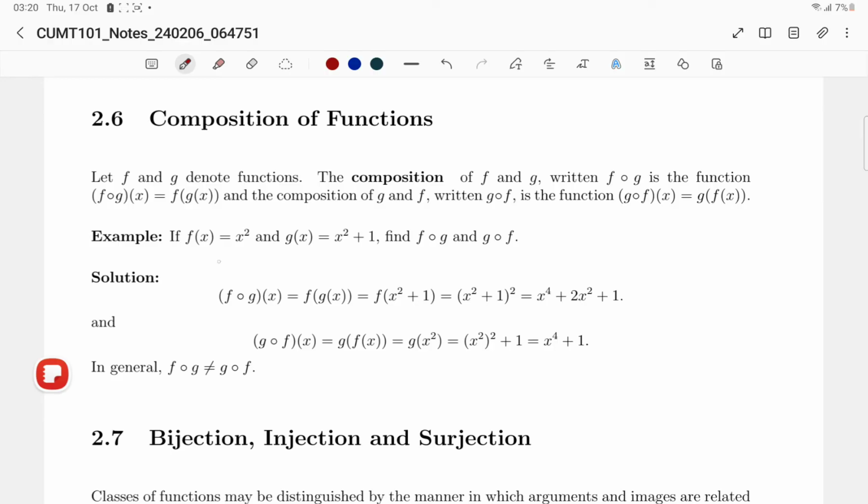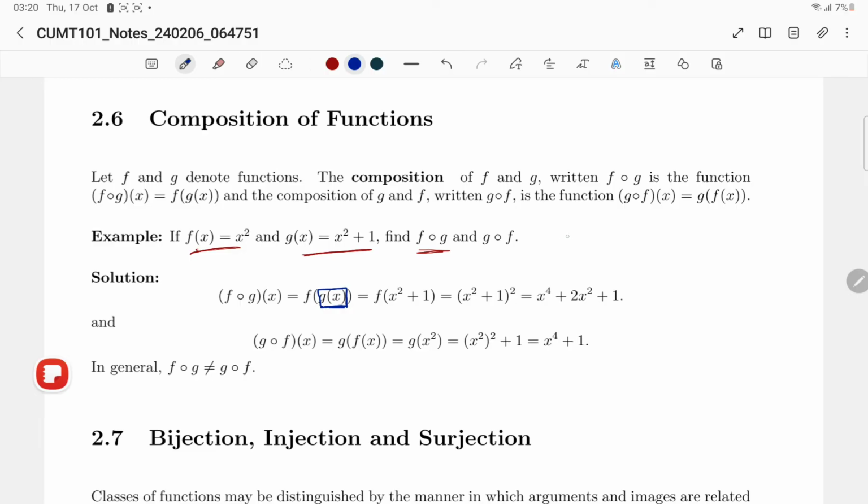Let's take, for example, f of x equal to x squared, and g of x equal to x squared plus 1. If you want to combine f and g, we'll be substituting g of x wherever there was x in f of x.